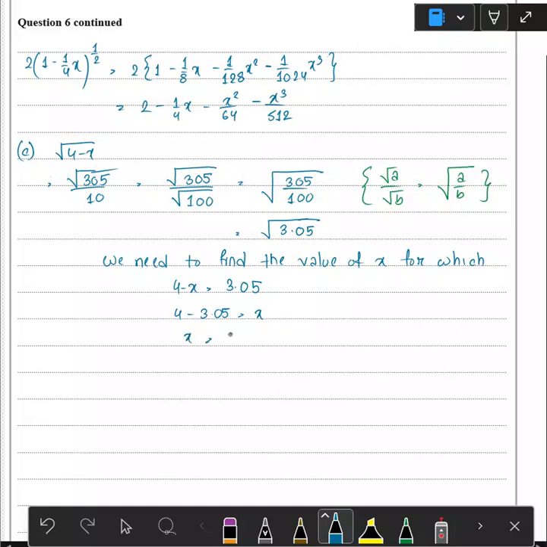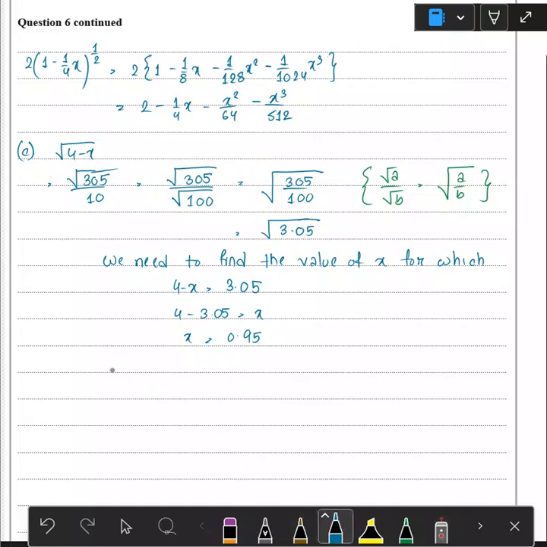So x would be 0.95. So if x is 0.95, then root over 4 minus x is equal to root over 3.05.